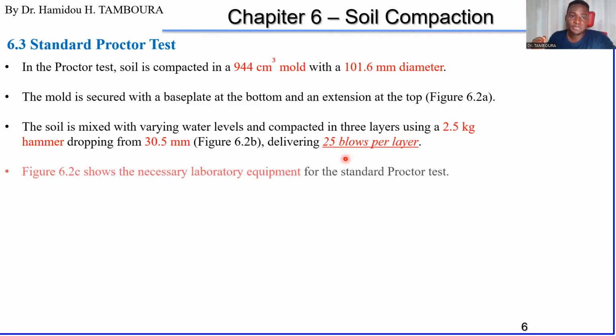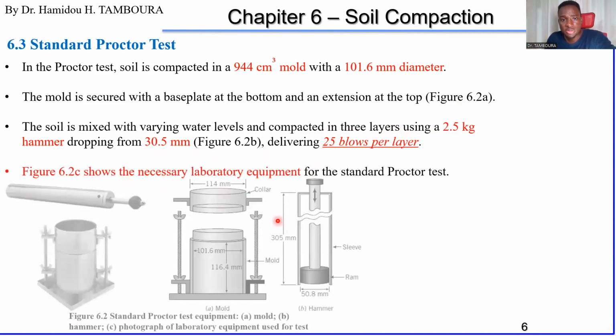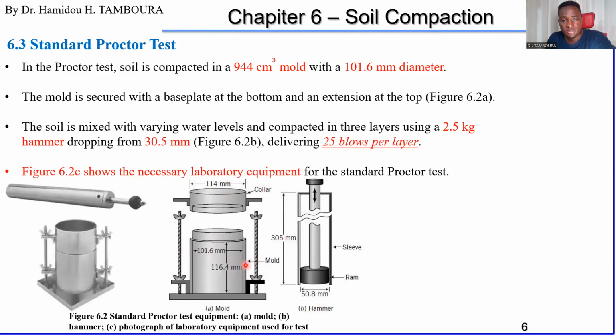Okay, and this one, number 1 and number 2, are showing like schematic view. This is the mold, and this is the hammer actually, and this is just a photo. Okay, so this mold, as it said here, 944 cubic centimeter.